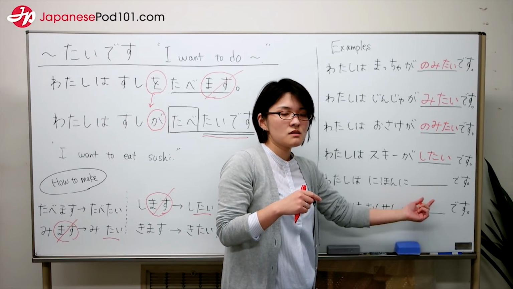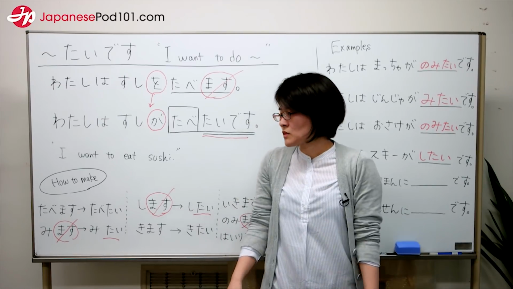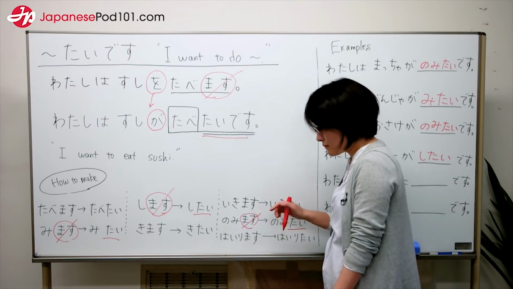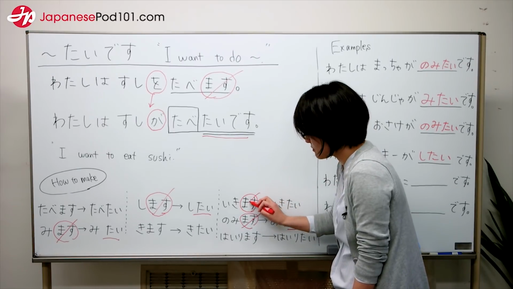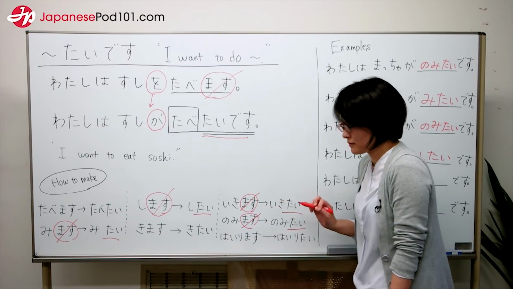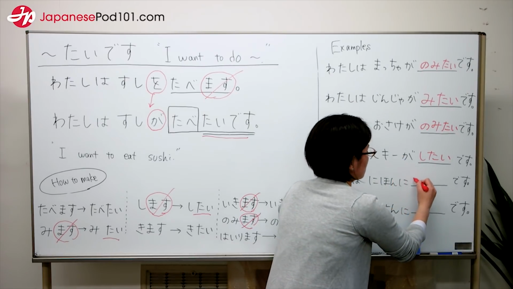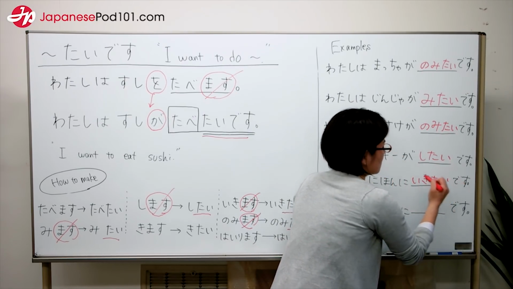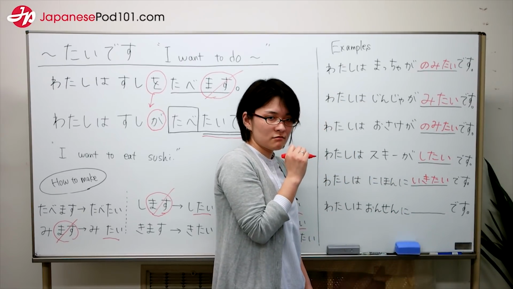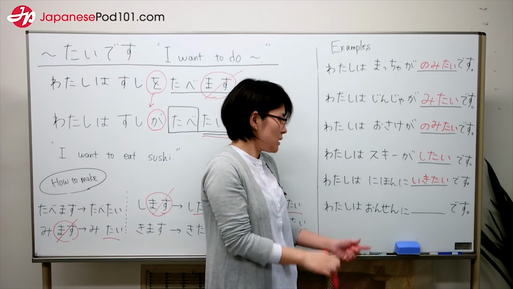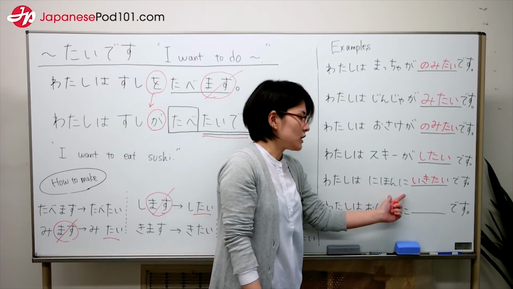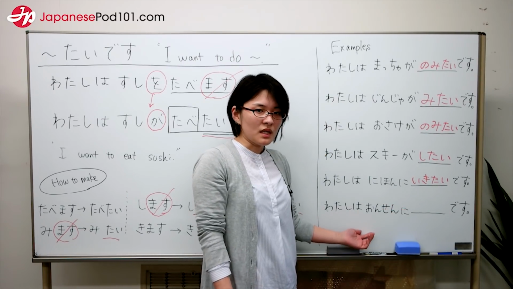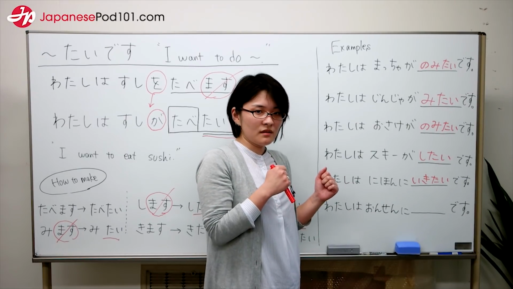To go is 行きます in Japanese. So 行きます is from here, this one. So get rid of ます and add たい. So you get 行きたいです. So I want to go to Japan would be 私は日本に行きたいです.